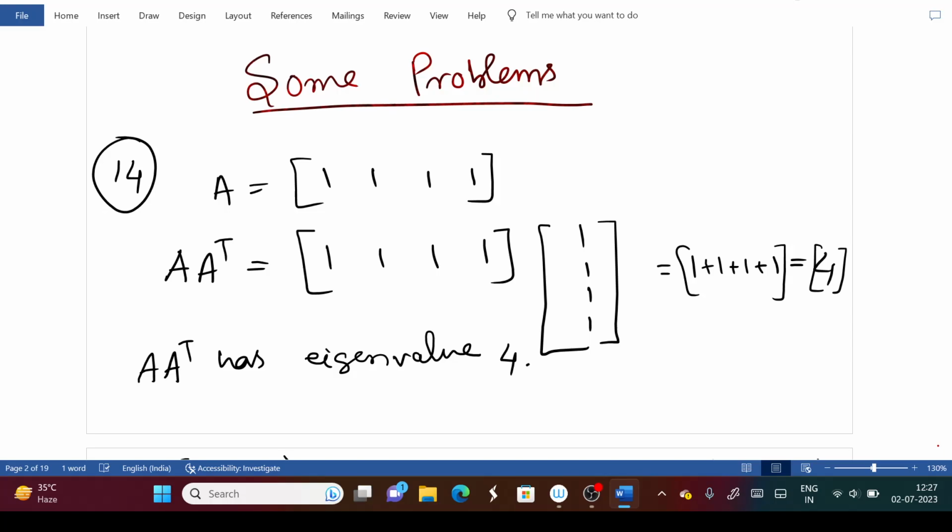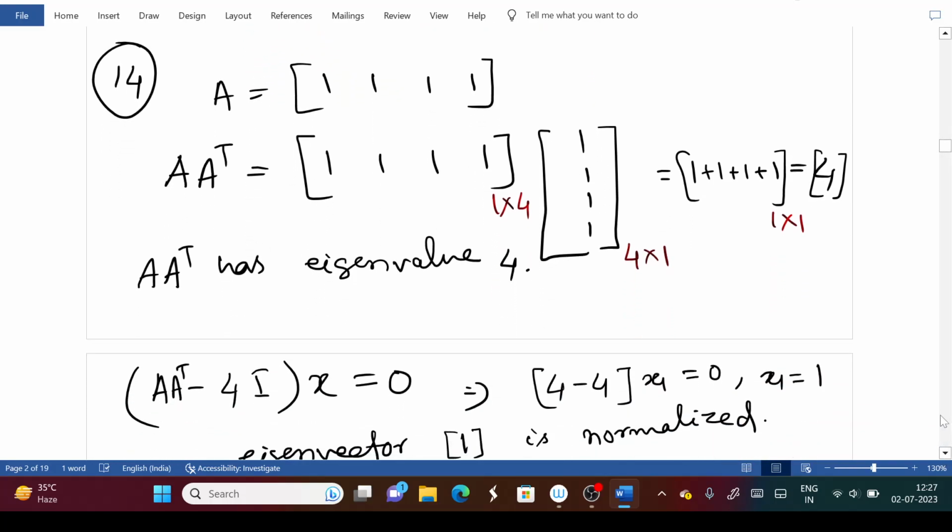Here, given A is this one, we have to find the SVD of A and the pseudo inverse of A. To find the SVD, A A transpose is 1 cross 1, that is 4. So I got a matrix having only one element, and that one element is the eigenvalue of A A transpose.